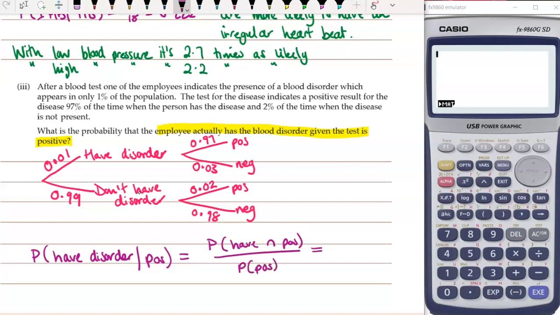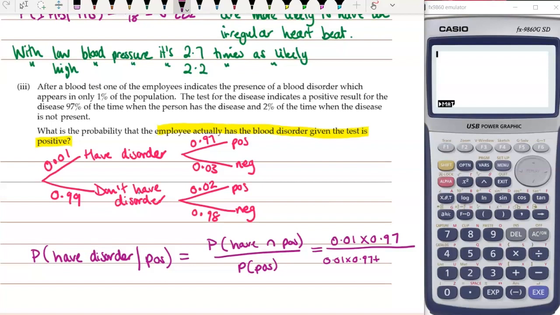Okay, so have it and positive is 0.01 times by 0.97 for this top branch here. They have it and they got a positive. We need to divide by the ways that you could get a positive. So there's that one. And there's also don't have the disorder but got a positive, so that branch just here.